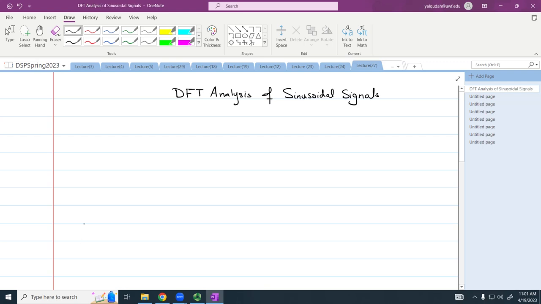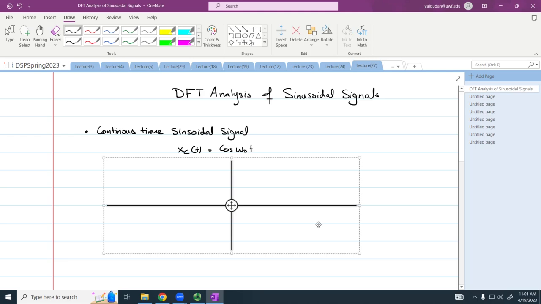Okay, so if you have a continuous time signal, and that continuous time signal is x of t equal to cosine omega 0 multiplied by t, then we know the Fourier transform of this signal is going to look like two impulses at omega 0 and negative omega 0.